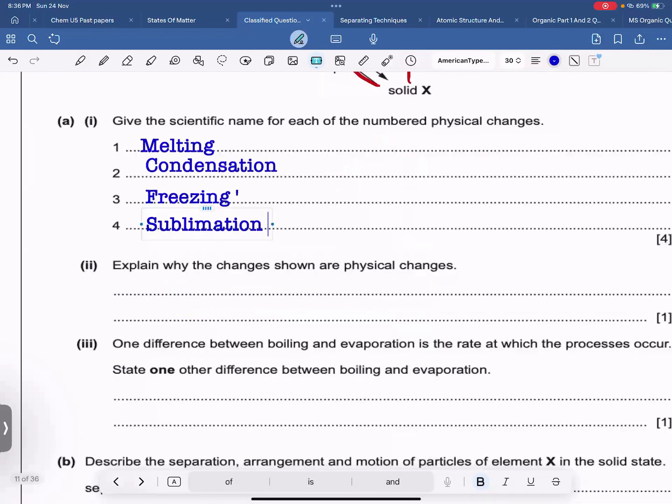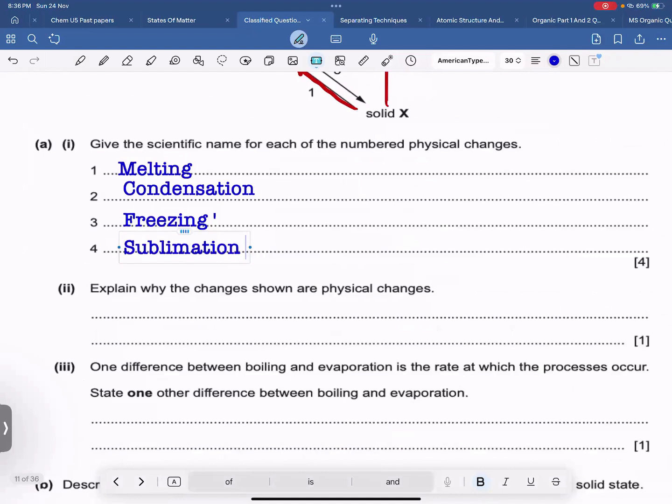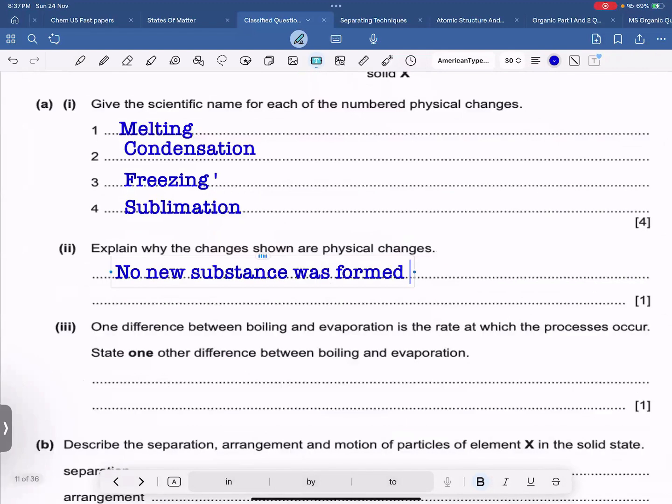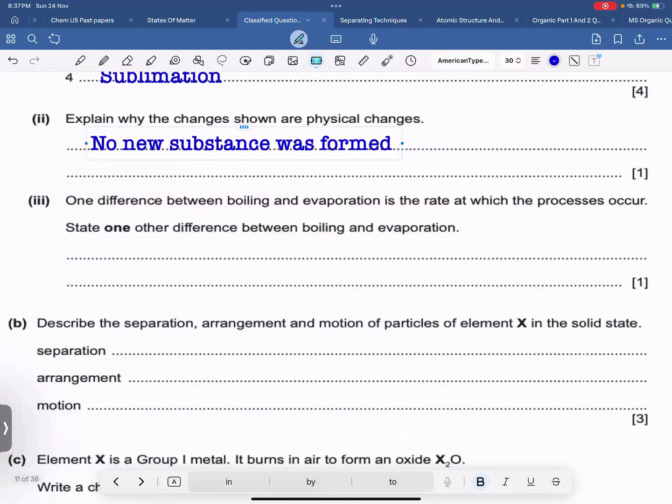Okay. Explain why the changes shown are physical changes: no new substance formed. Okay. So one difference between boiling and evaporation, we did it before.